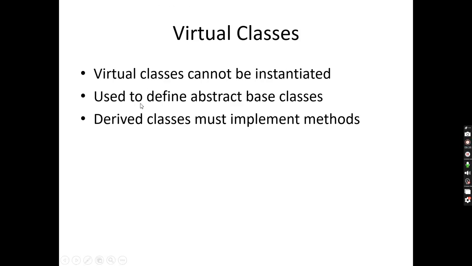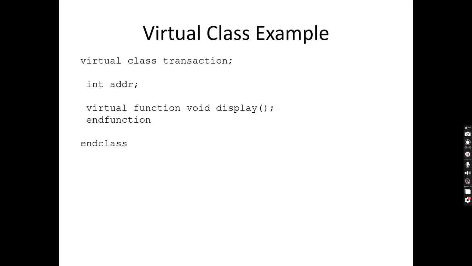Virtual classes cannot be instantiated. That is the first thing, and they are used to define an abstract base class. They are just a framework; you can't create an object for them. The derived class must implement methods, so in the derived classes we can add our own methods. This is the code of the virtual class.